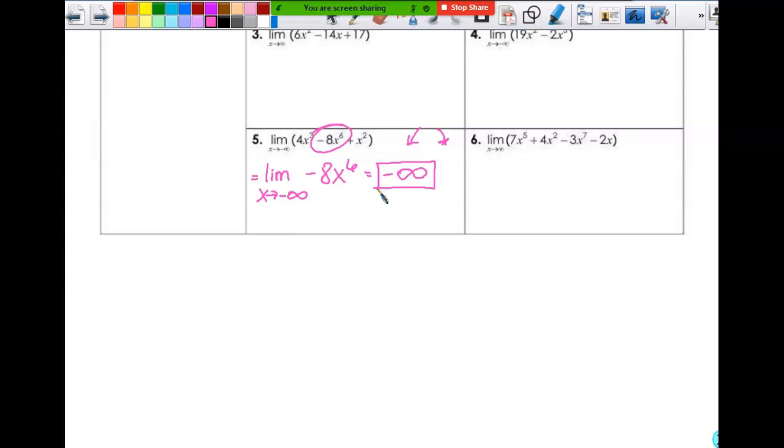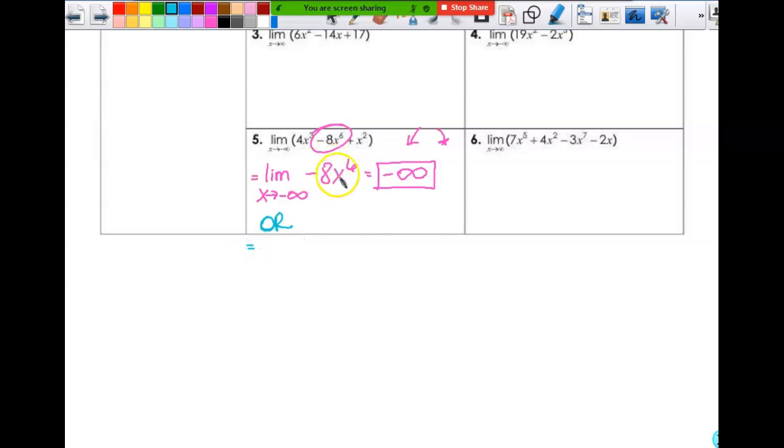Just FYI, another way to do this, because I think Delta Math might do them this way, to me at this point, I think it's easier for us to do it this way, but if you see Delta Math explanations this way, I want you to know that it's the same thing. It's not that you didn't learn it right or anything.